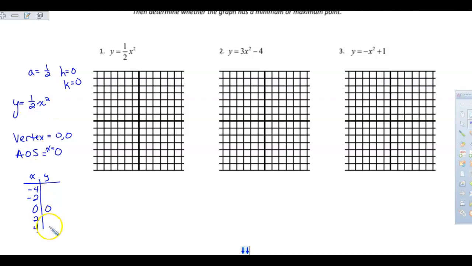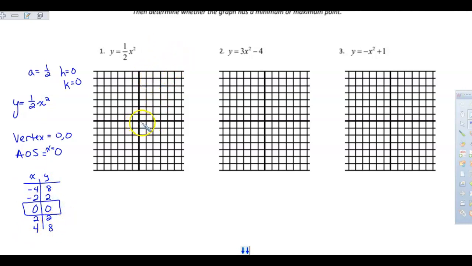Half of 16 is 8. 2 squared is 4. Half of 4 is 2. -2 squared is 4. Half of 4 is 2. -4 squared is 16. Half of 16 is 8. And so here are my ordered 5 points.